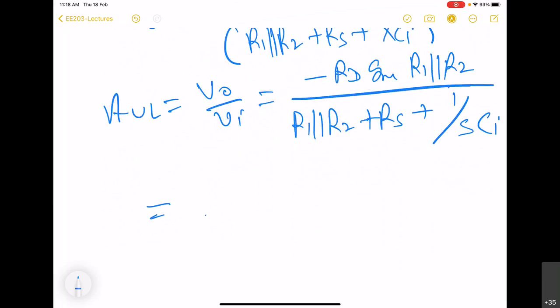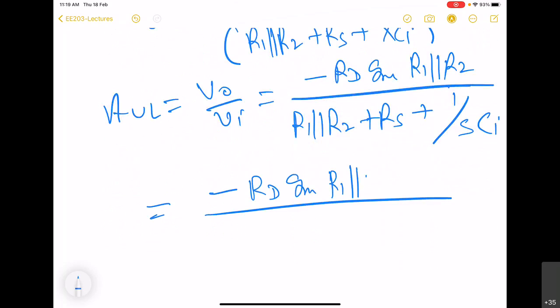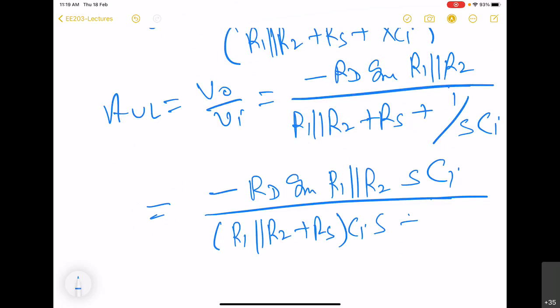So we can simplify this, and this will give RD GM R1 parallel R2 sCi divided by R1 parallel R2 plus RS times Ci s plus 1. So this is the low frequency voltage gain of the common source amplifier.